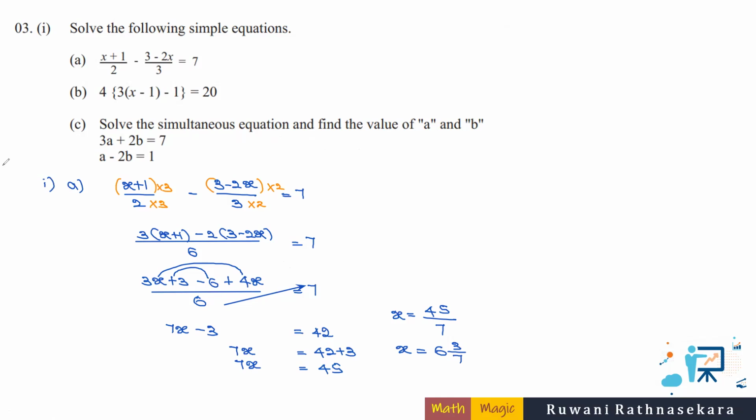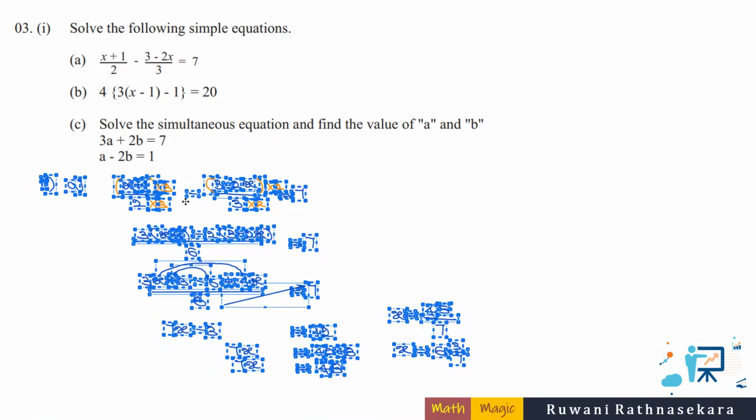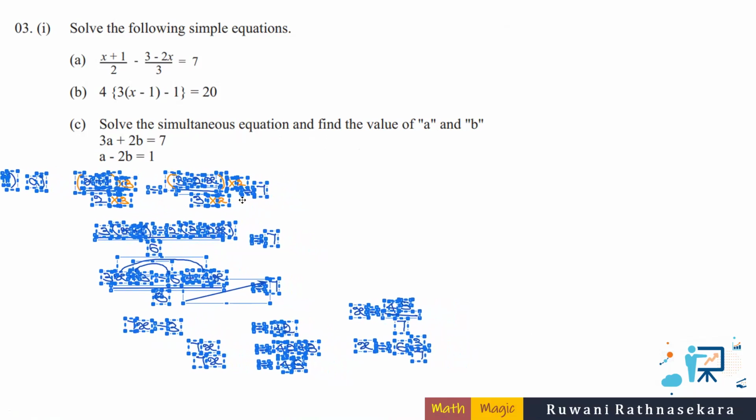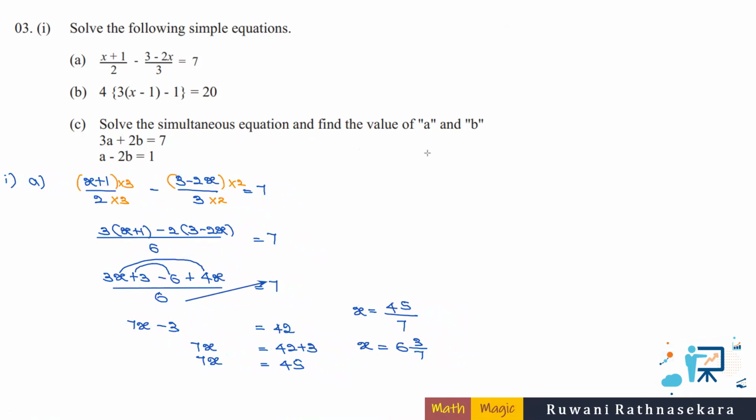Right. Now we are going to see an equation including brackets. Right, usually when you get an equation including brackets, I have told you to remove the brackets. 3 into (x minus 1) minus 1 equals 20.